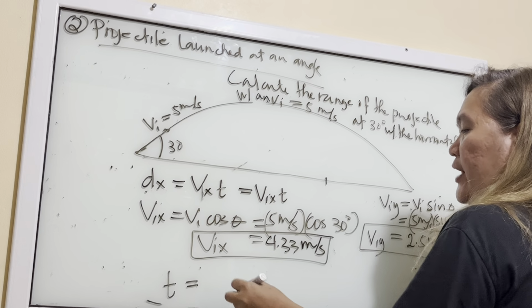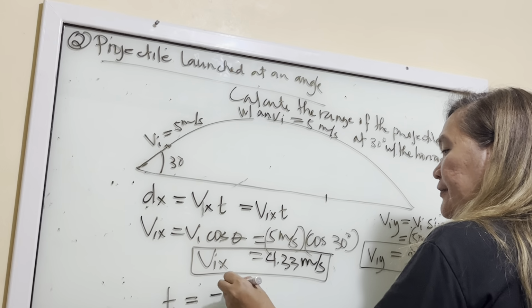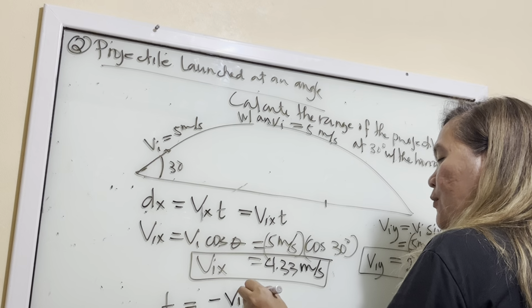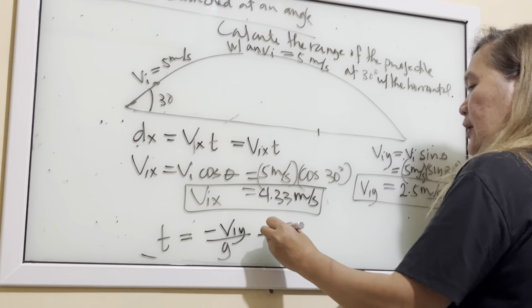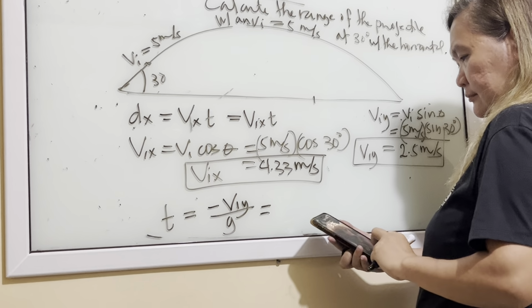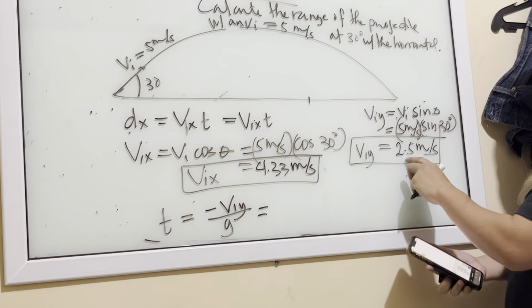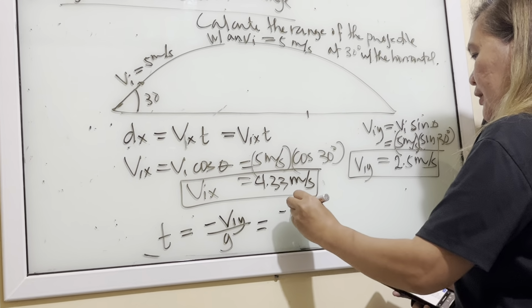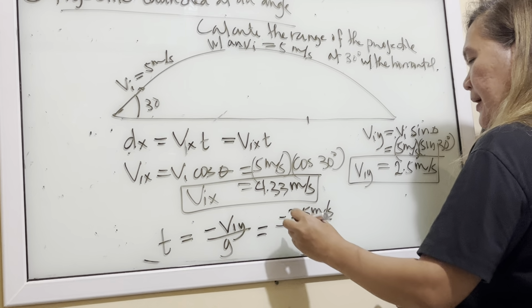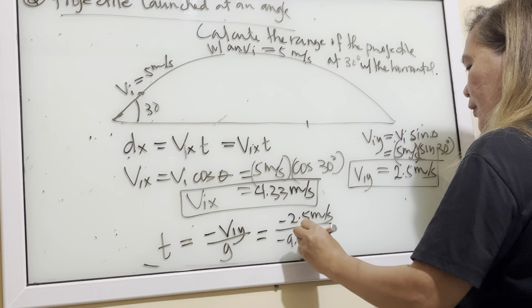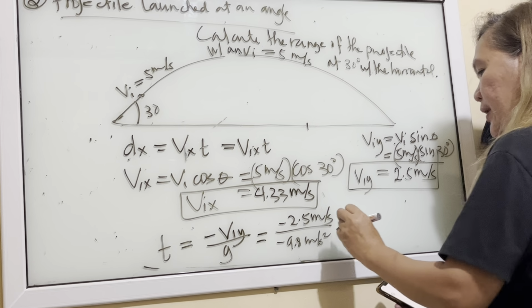Formula. Going up formula. We have negative V sub Iy over G, which is equal to, what is your negative V sub Iy? We have negative 2.5 meters per second divided by negative 9.8 meters per second square.